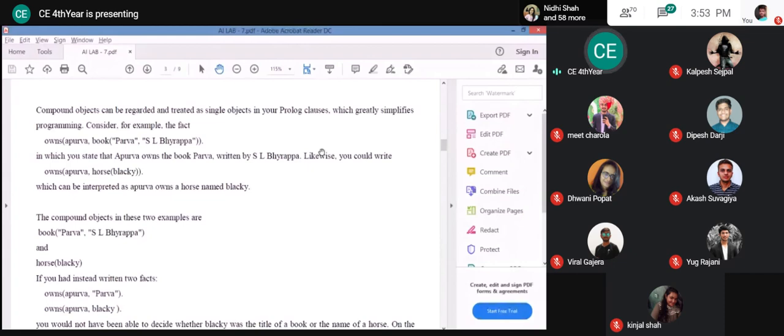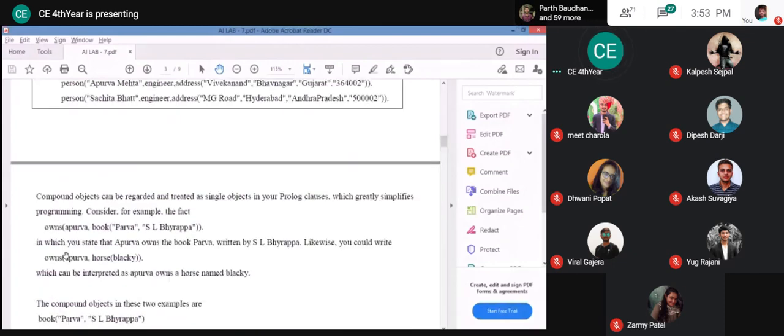Similarly, if you write Apurva, comma, horse Blackie, it can be interpreted as Apurva owns the horse named Blackie. I show you this type of fact because I want to show you the use of the compound object.